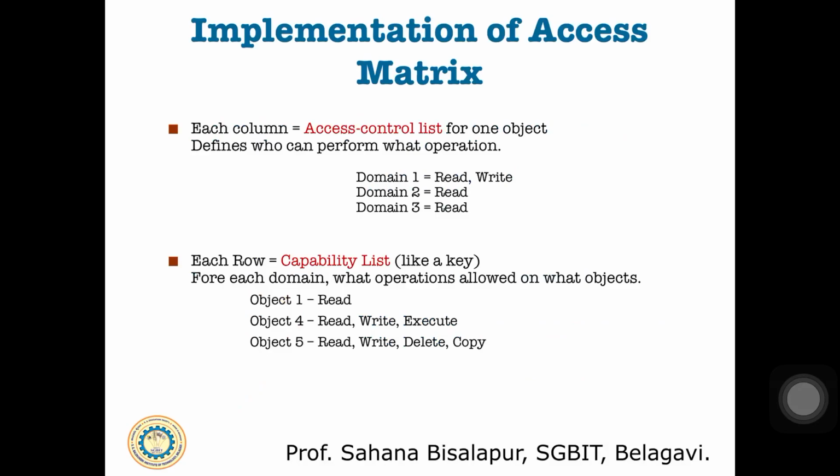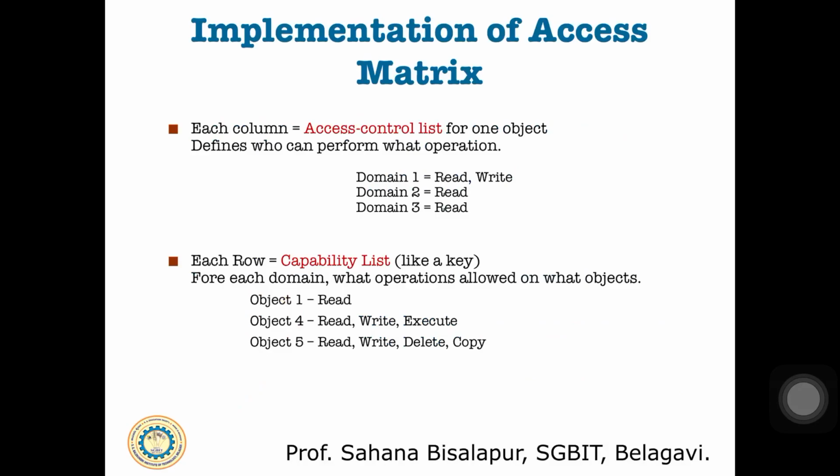This is the simplest implementation of the access matrix, which consists of triplets: domain, object, and rights set. Whenever any domain invokes an operation on any object, this global table will be searched for these triplets.